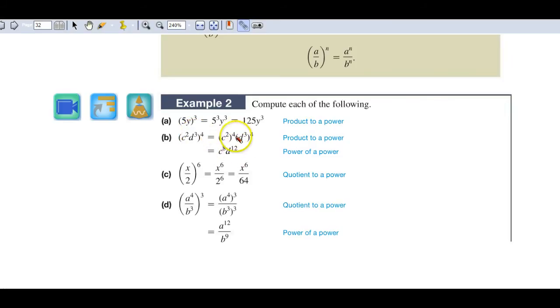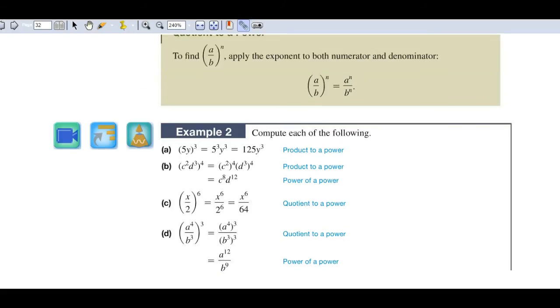This is sort of an intermediate step. You do that mentally. And this is x to the 6th. 2 to the 6th is 64. And this will be a 12, and this will be a 9. Okay. Again, pretty straightforward.